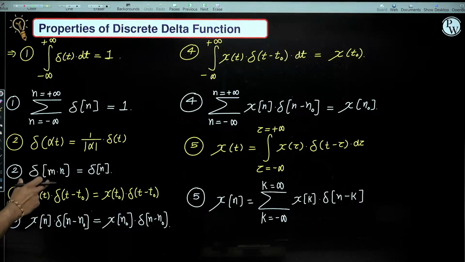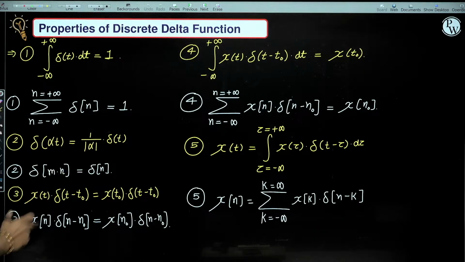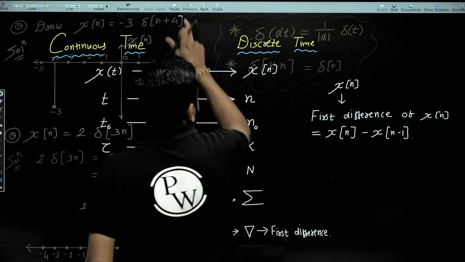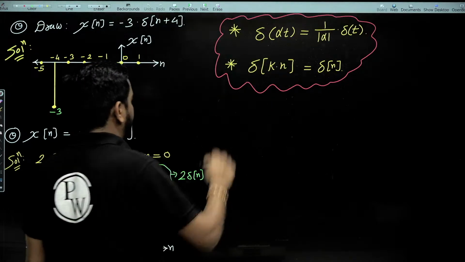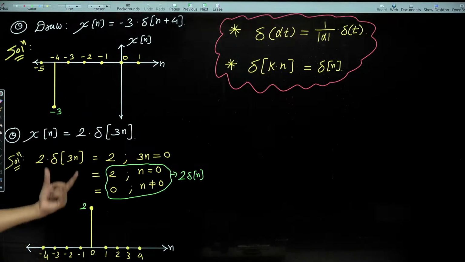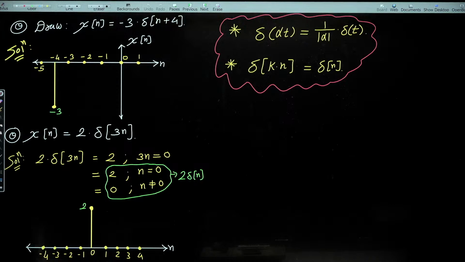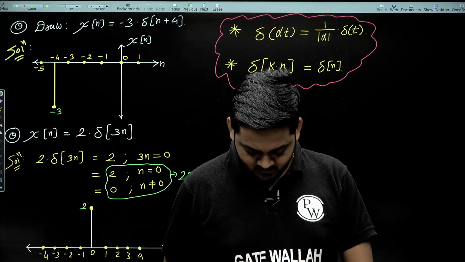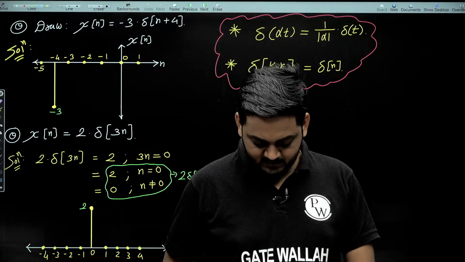Here you can see del of alpha t equal to 1 by mod alpha del t, but del of mn is equal to del n only. You can see it here also, and this is the example. There is no effect in discrete.